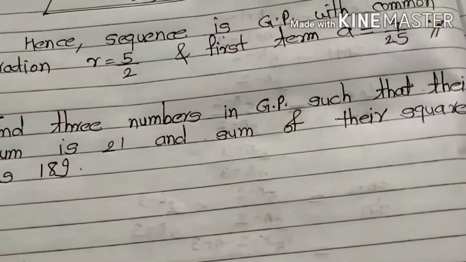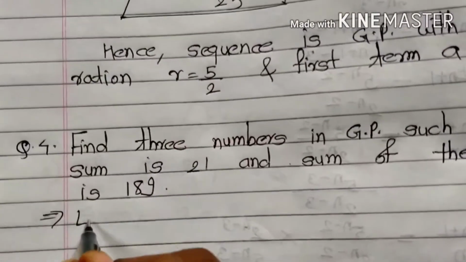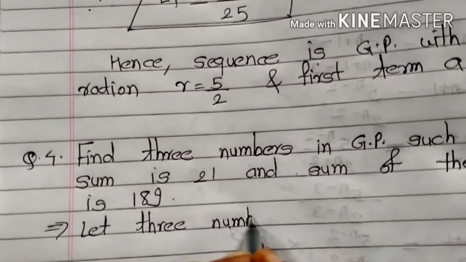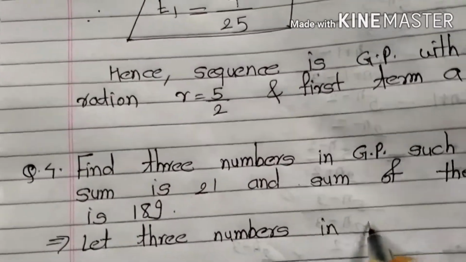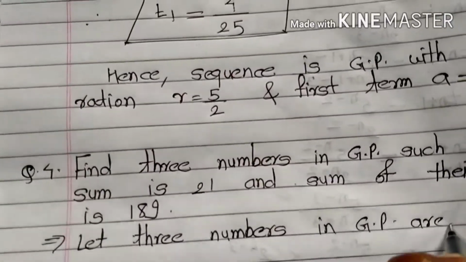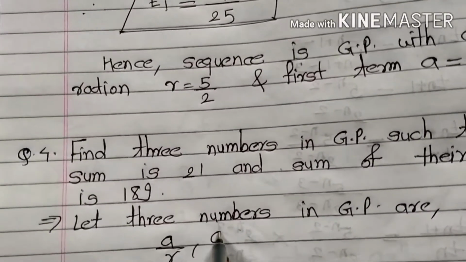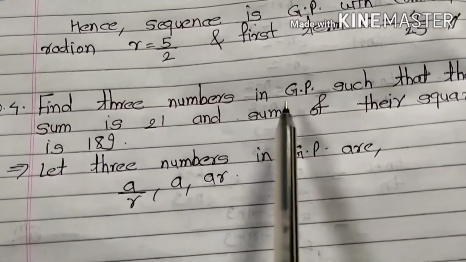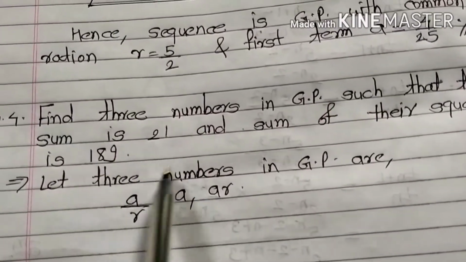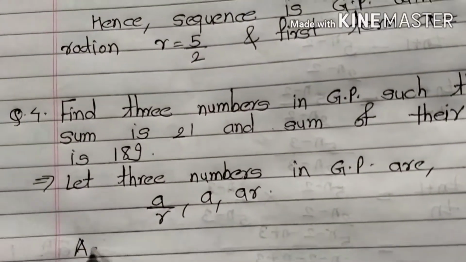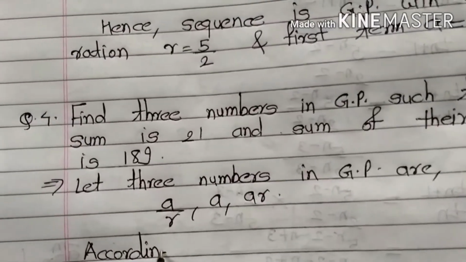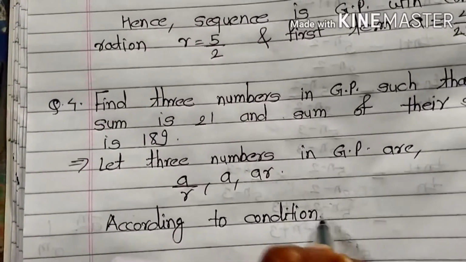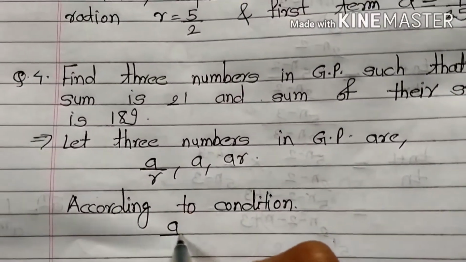So let three numbers in GP be a upon r, a, a into r. Now there is a condition: these three numbers in GP are such that their sum is 21. So according to the condition, sum is 21.